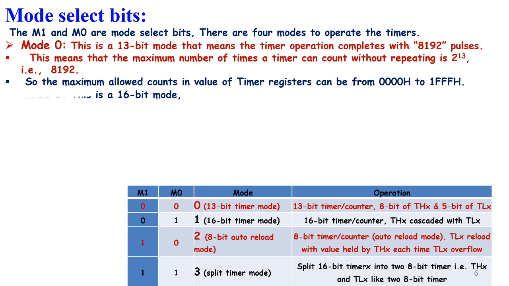Mode 1 is a 16-bit timer. It is similar, a 16-bit timer or counter, where THX is cascaded with TLX.